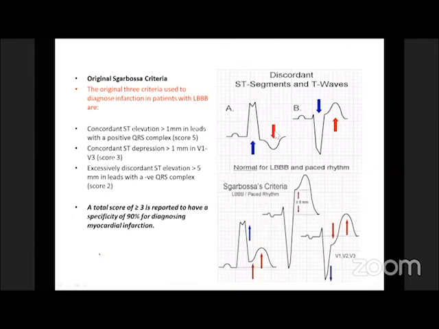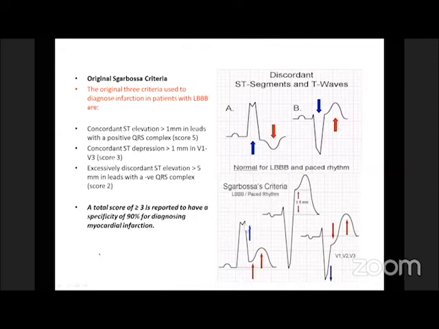This is usual in left bundle branch block without myocardial infarction. I mean, when the QRS is positive, the ST segment and T wave are negative, and when it is negative, the ST segment is positive. But when there is an acute insult, for example myocardial infarction, the new changes will occur.